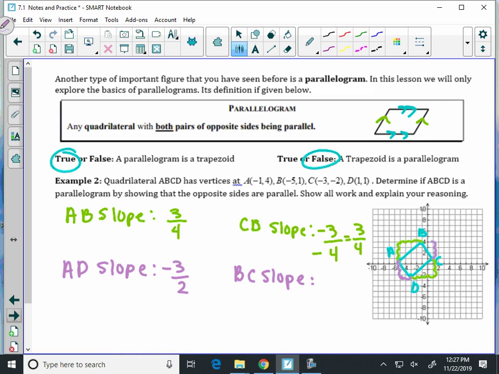We went up 3, so it's positive. We went left 4, so it's negative. Positive over a negative is a negative. Are those slopes the same? Yeah. So is this a parallelogram? Yeah. So you would say your answer, your math is backing up your argument. You would say yes.